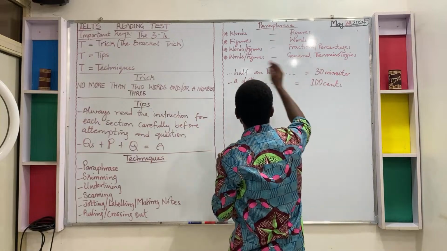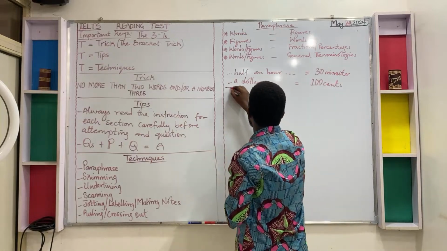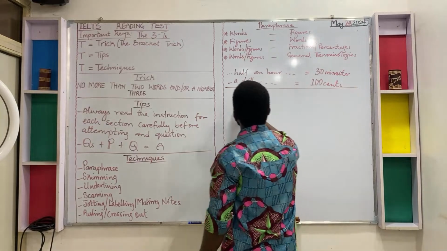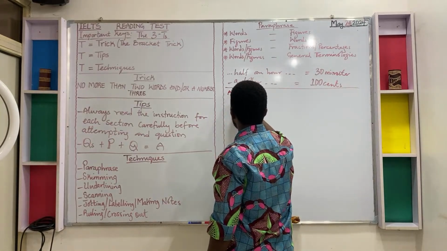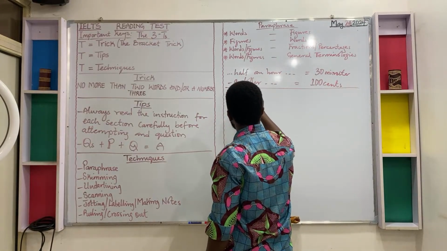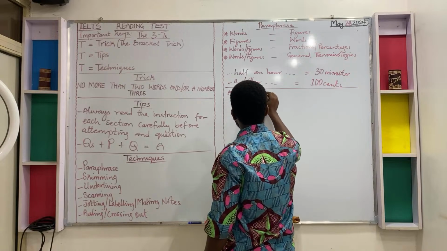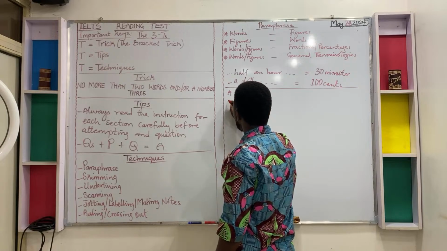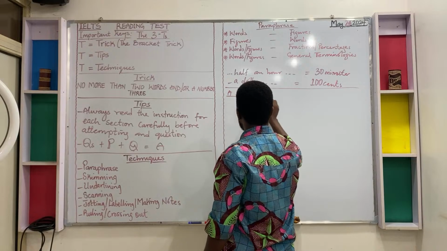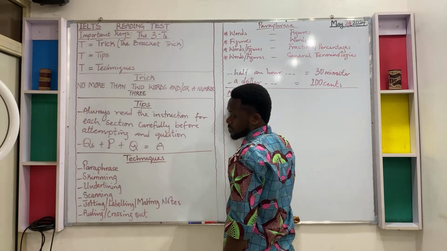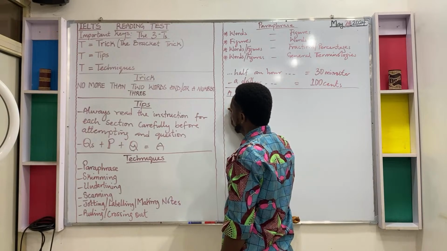Now for words or figures to fractions or percentages, you might see this popular example I use, which is a quarter. A quarter can be paraphrased to words again as what? One third is not a quarter.